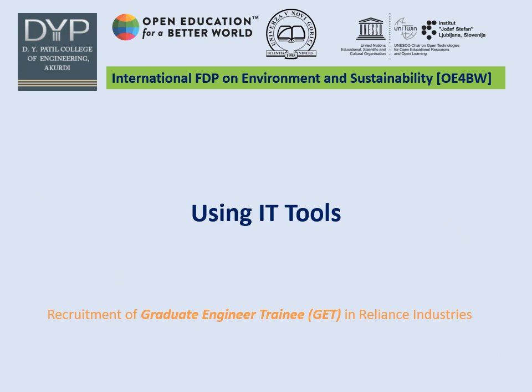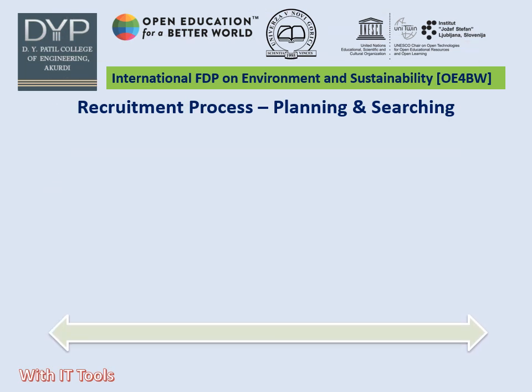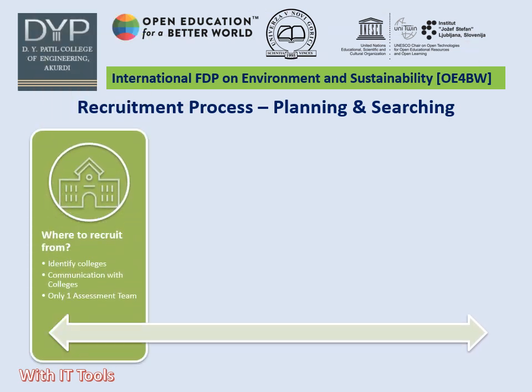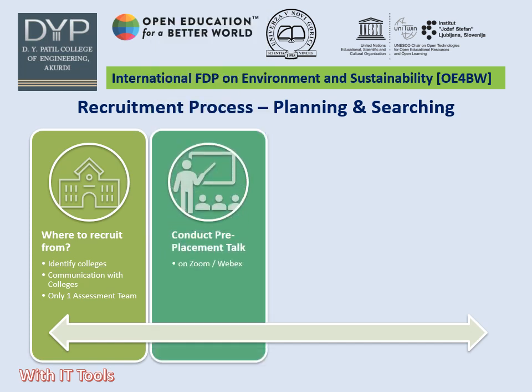Using IT tools, the recruitment process will be a little different. When we are using IT tools in planning and searching, the first thing is from where we have to recruit people: we will identify the colleges, communicate with the colleges, and only one assessment team is required.